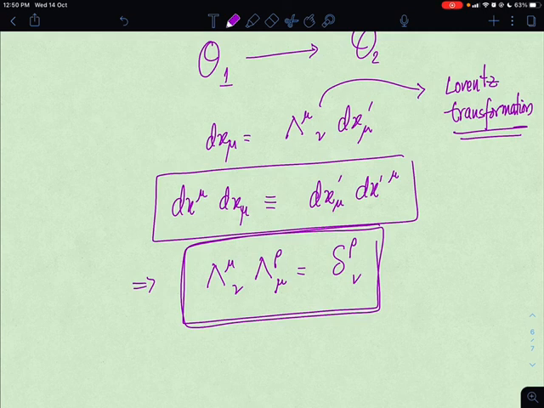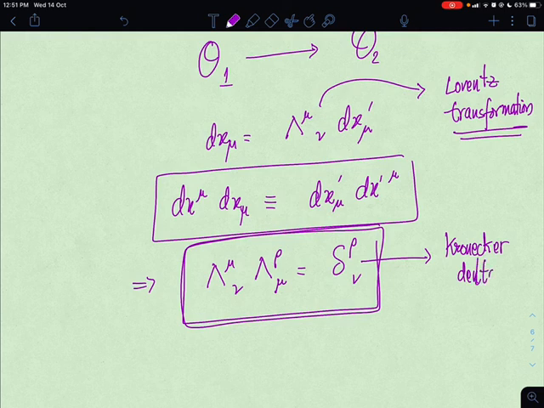So what we have seen is that delta mu nu is nothing but a Kronecker delta, such that delta mu nu is equal to 1 when mu is equal to nu, and is equal to 0 when mu is not equal to nu.